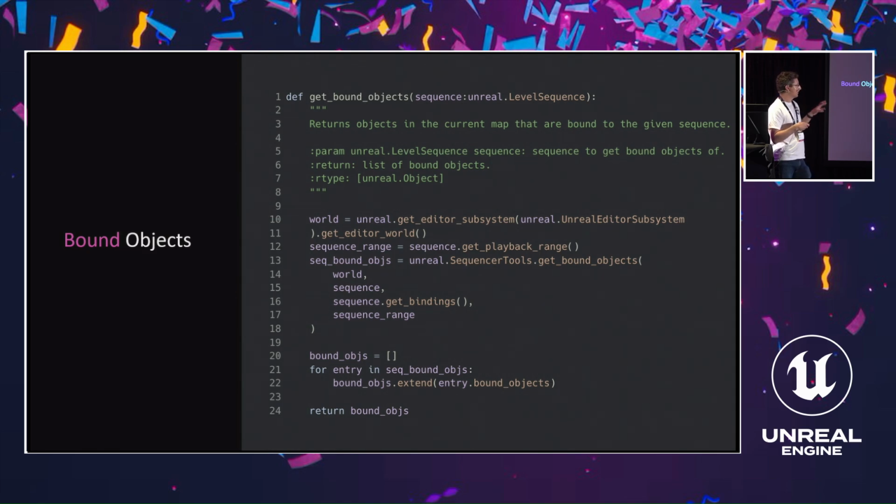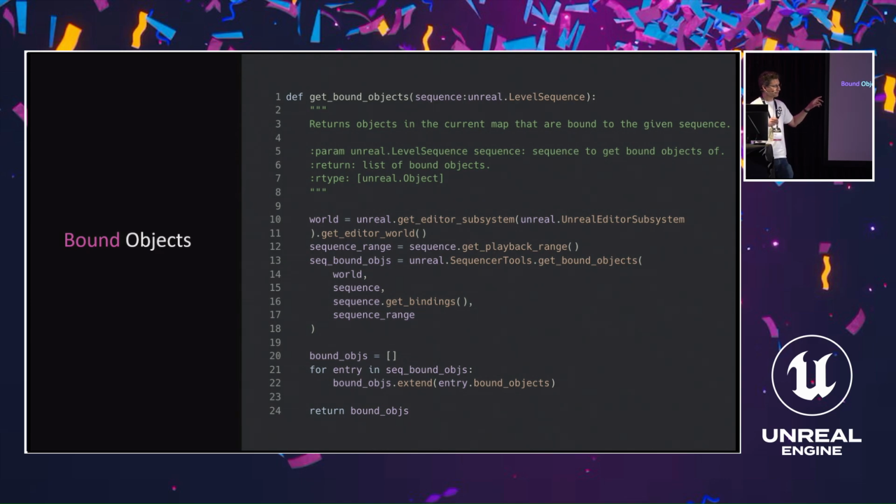Getting bound objects can be a bit more complicated. The reason for that is that, depending on where the sequence is, you can have different objects bound at a different time. So we had to query a few things that you haven't seen before to leverage that. First of all, we have to get the world. A lot of people haven't ever heard of world.